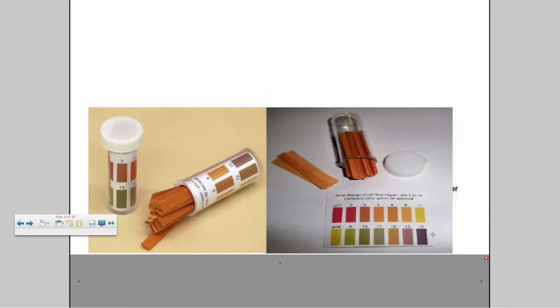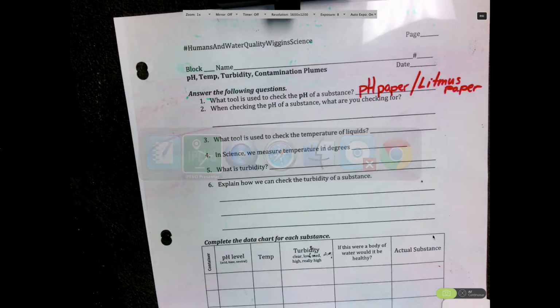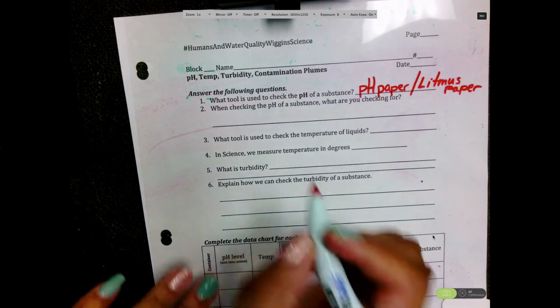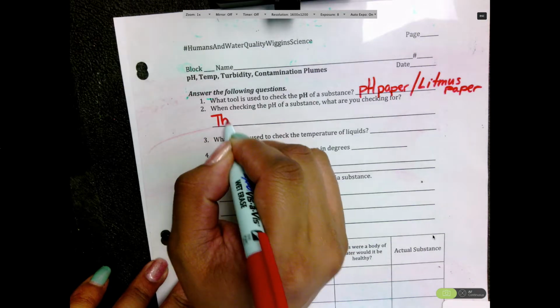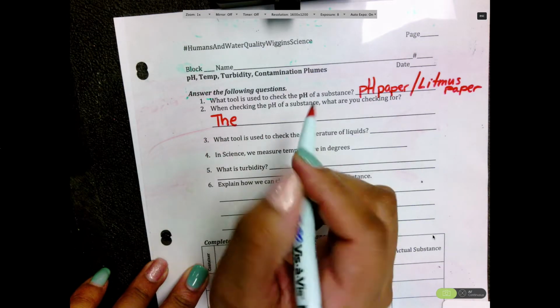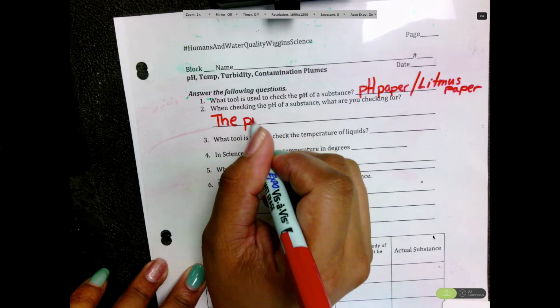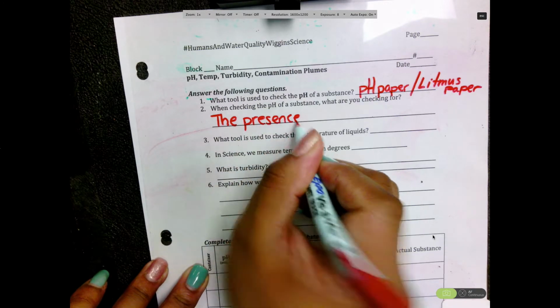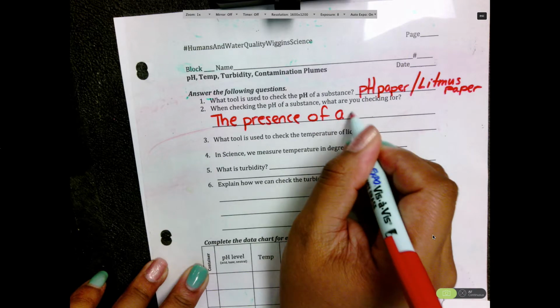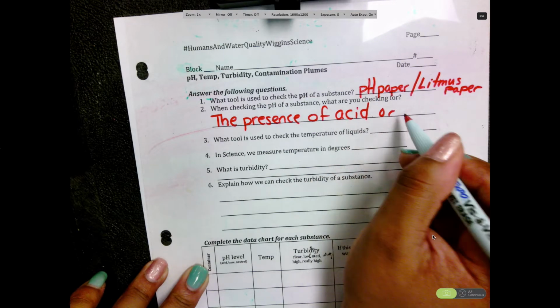Take a pencil. All right. When checking the pH of a substance, we are checking for the presence of what? The presence of acid or base. I didn't ask you what pH stands for. You have to listen to the questions. Presence of acid or base.